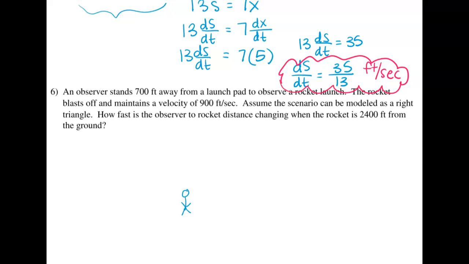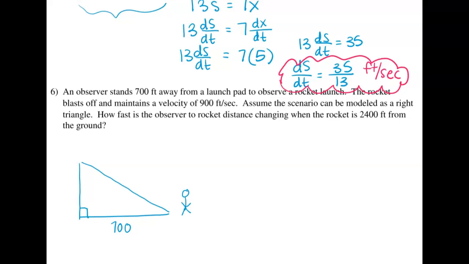The distance from him to the launch pad is 700. So he's not moving, so the distance to the launch pad is always going to be 700. Then we're assuming it's blasting directly upwards, so it's a right triangle. Finish the right triangle. We're assuming that the distance from the person to the rocket is measured along this diagonal.